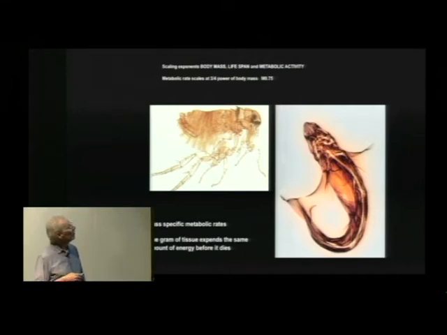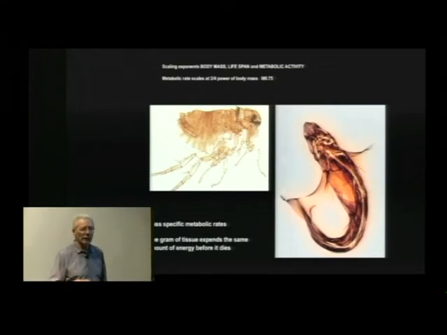And nearly all aspects of living things relate to their body mass. And no matter what the organism is, whether it's a blue whale, an elephant, us, or a tiny mouse or a shrew, the tissue, what it's made of, in its lifespan, gets through the same amount of energy.